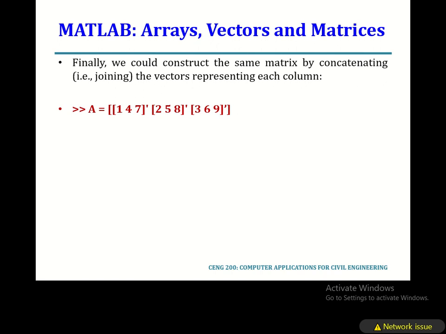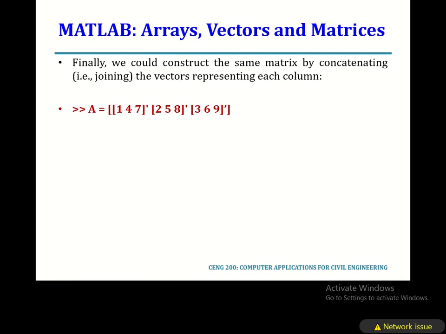Or you can do this with the transpose, with the comma. What did they do here? In one matrix they created 3 vectors and then transposed all of them. Now you see here, are the numbers in order?